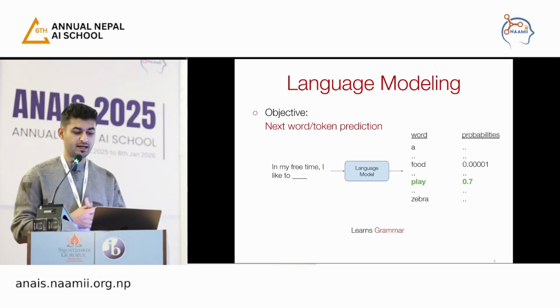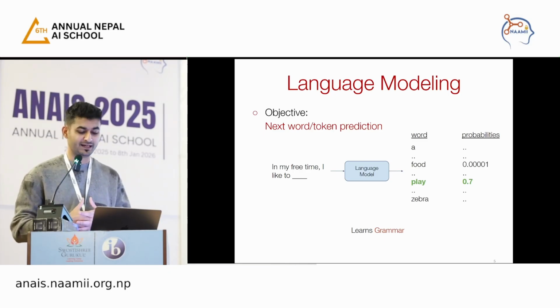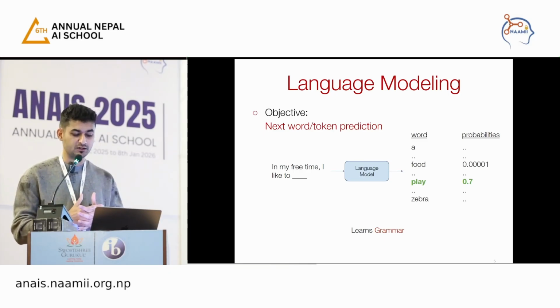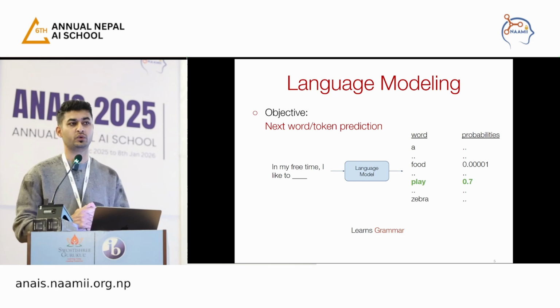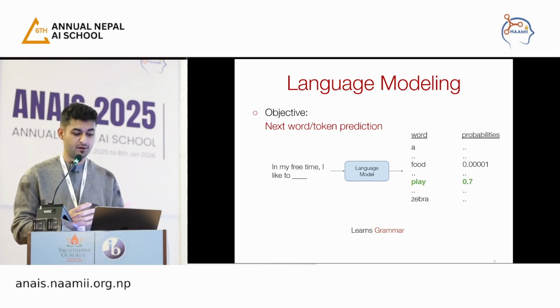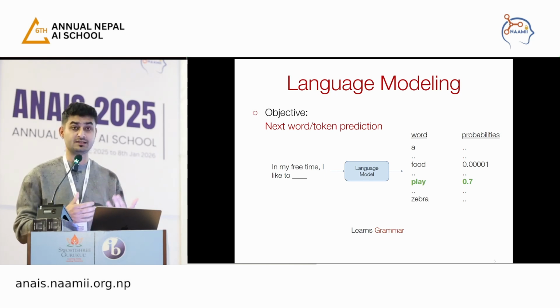We saw that at the core of the development of language modeling is next word or next token prediction. It's such a simple but very powerful framework that it allows a large language model, or any language model, to learn a lot of things without any supervision. For instance, if the text says, in my free time I like to, the goal of the language model is to give the highest probability to verb tokens.